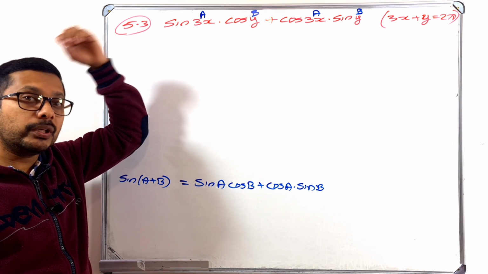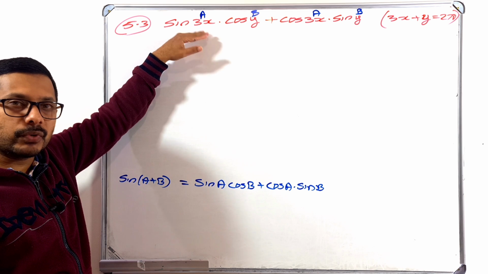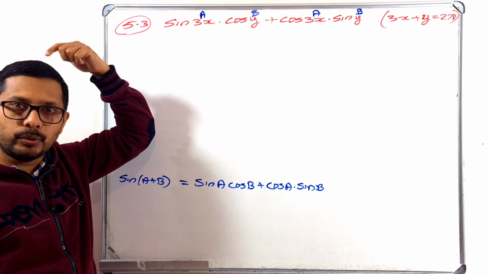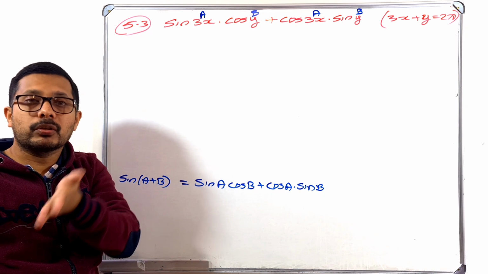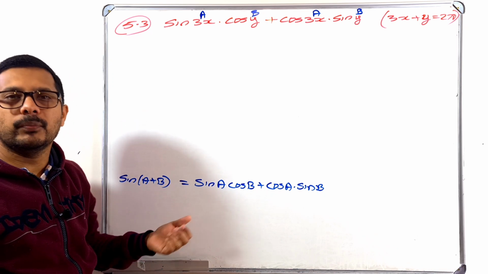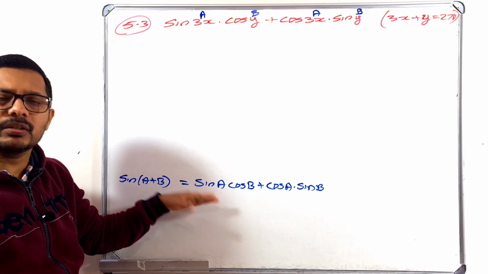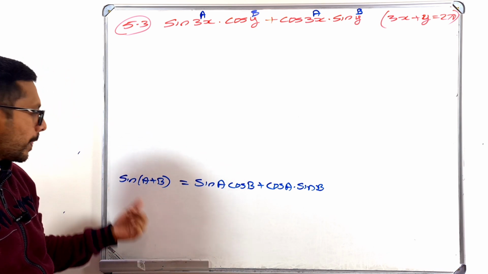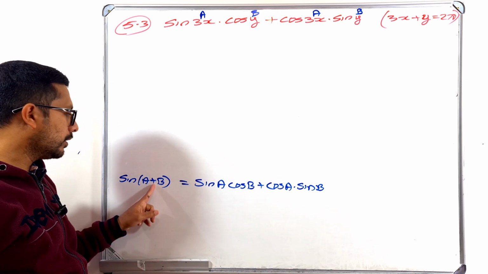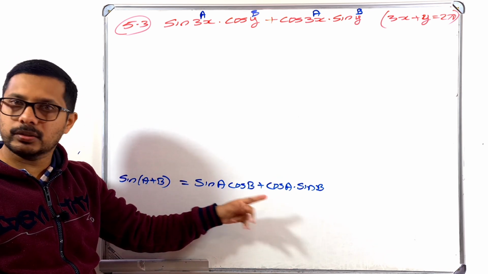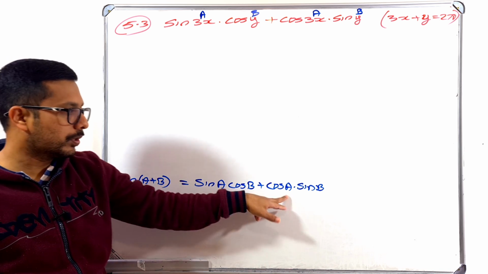If you just leave it on the formula sheet, maybe you won't get that connection. It's not a difficult formula. Sine of a plus b is sine a cos b plus cos a sine b. If here it is minus, there it is minus.